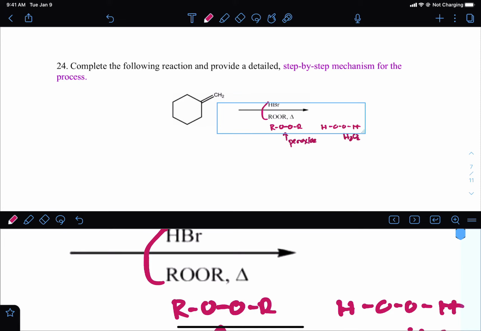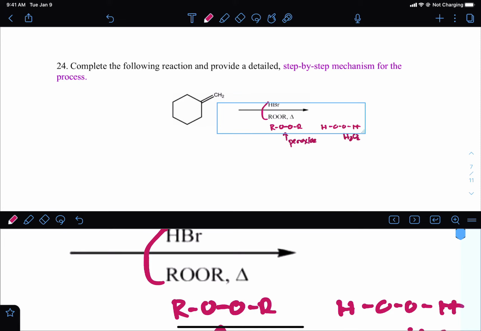So the first step, before anything else, is that peroxides, also heat, heat kind of facilitates this. So under warm conditions, the peroxide will dissociate into two radicals.